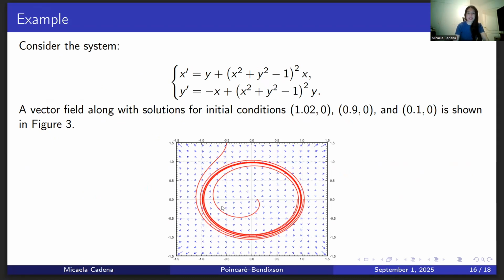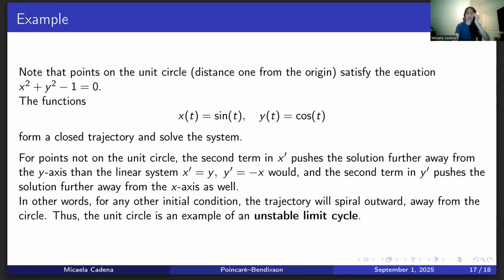We're seeing that for certain initial conditions, the trajectory is moving inward toward the unit circle, while for others it is spiraling outwards to infinity. And here's what we call an unstable limit cycle, which is what we try writing here. Here we have stated that x is equal to sine of t, while y is equal to cosine of t, and we consider points outside and inside of the unit circle and see the behavior.